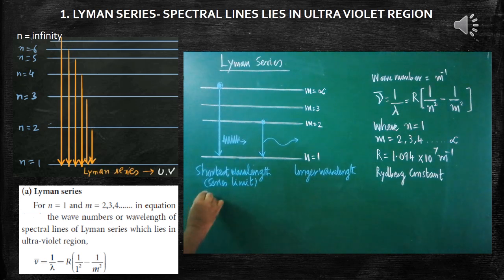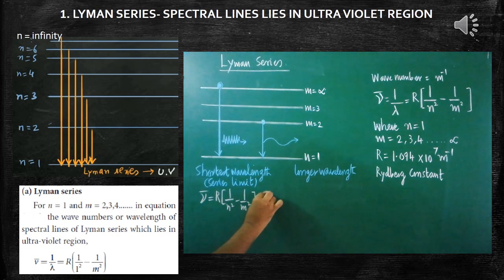What is the formula? Nu bar is equal to R into 1 by n square minus 1 by m square. This is the general formula. So here, what is the value of n? n is equal to 1. So it jumps from infinity orbit to the first orbit.